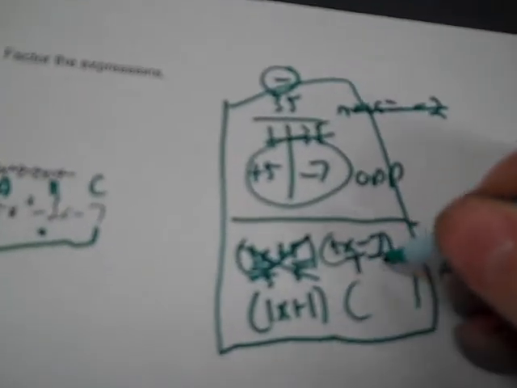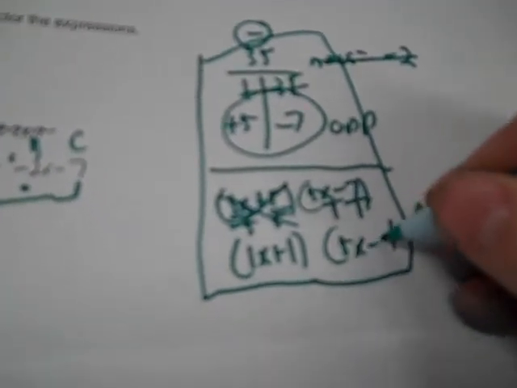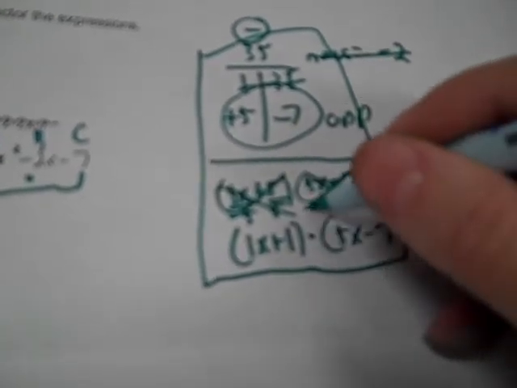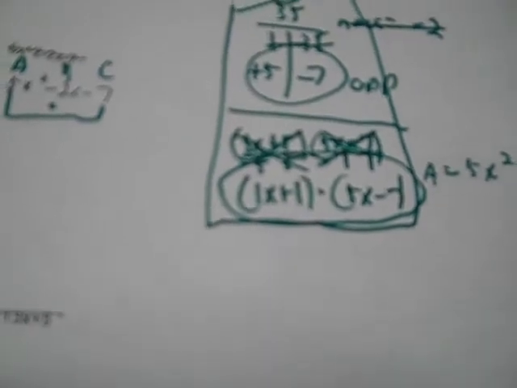Oh, there is a 5 here, and there's a 7 there. 5 and 7. That means their GCF is 1. So divide by 1. And that stays 5x minus 7. Okay, so this is the answer down here. 1x plus 1. Factoring means those are the two parentheses that multiply to that.